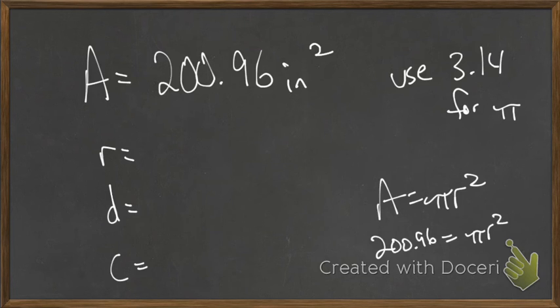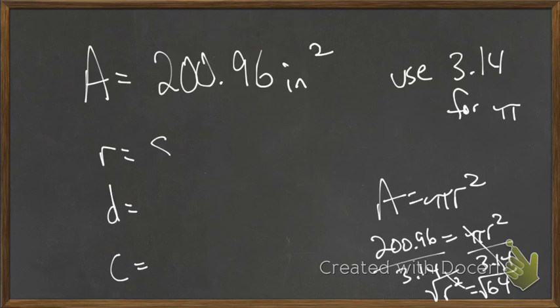I'm going to divide both sides by 3.14. So radius squared then equals 64. And you may recall from Unit 1, to undo a square of something, we square root. Which means what times itself equals 64? 8. So I have a radius of 8 inches. I got one piece of the puzzle here.